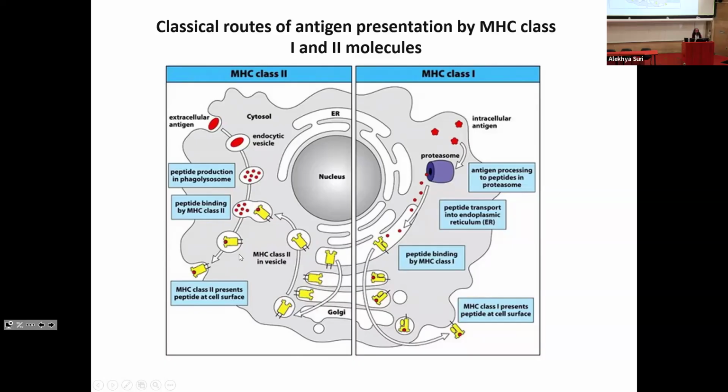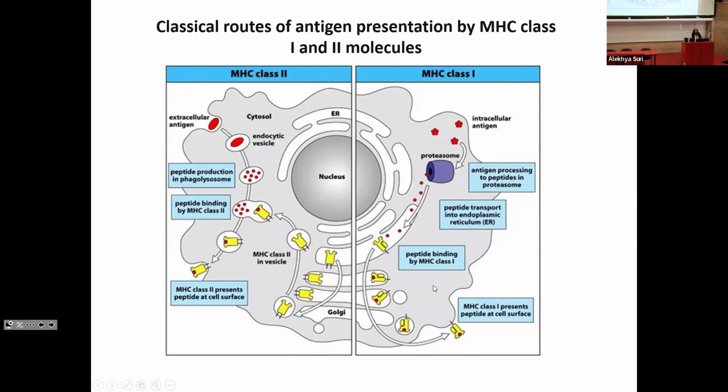And those peptides are then loaded onto class 2 molecules, and then they come to the cell surface, and you have your self-MHC with that foreign peptide sitting in here, okay? So it's coming from the outside, is broken down in the cell in the phagolysosomal compartment, loaded onto the class 2 molecule, and then presented on the cell surface, okay?